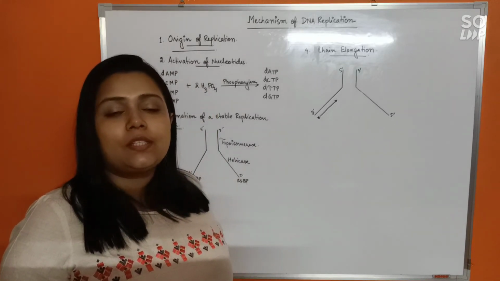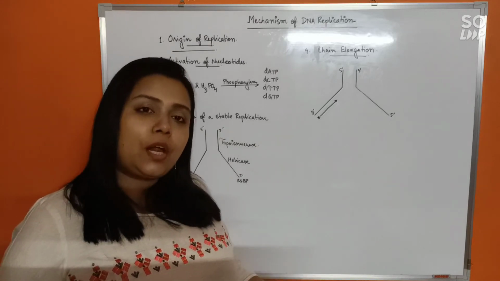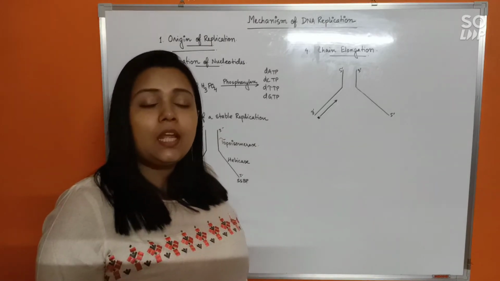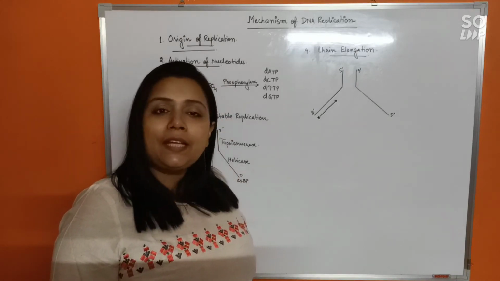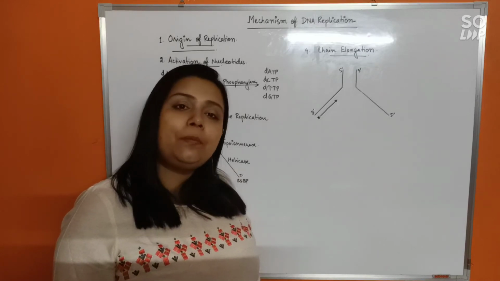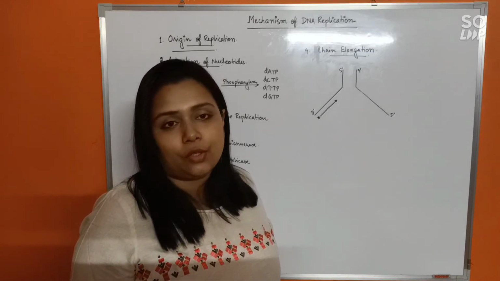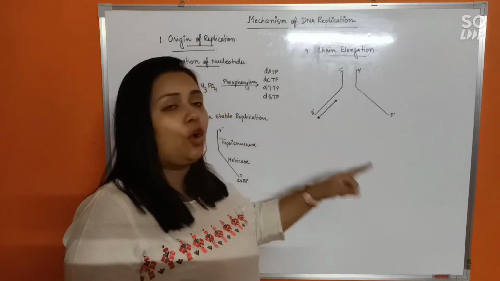Now the question is, if we had to bring the nucleotides from triphosphate to monophosphate state, why did we have to do it in the first place? That is because when these two high energy phosphate bonds are cleaved, that releases energy, and this is the energy that will be required for chain elongation.